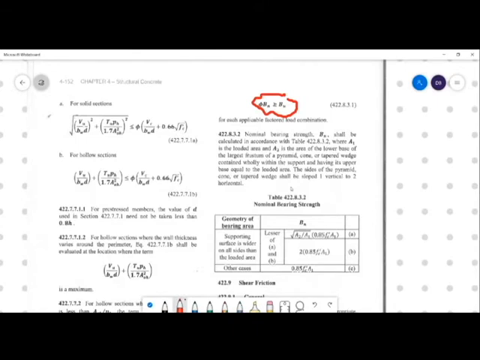Area 1 is the loaded area, meaning the area of your column. Area 2 is the lower base of the largest frustum contained wholly within the support, the area where the load from the column is transferred. In this case, the area of our footing.